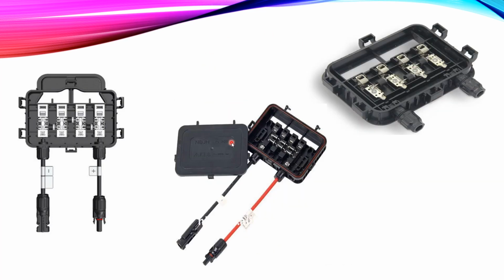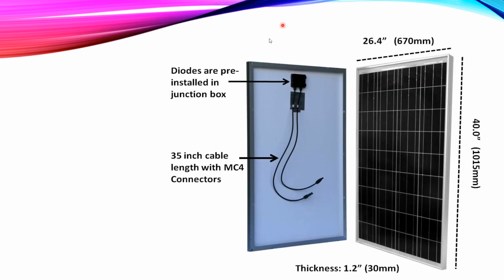Now, how does a PV panel or solar panel look? The PV panel looks like this. It has different types, as we discussed in the course: monocrystalline, polycrystalline, thin film, and so on. This panel has a certain width, height, and thickness.